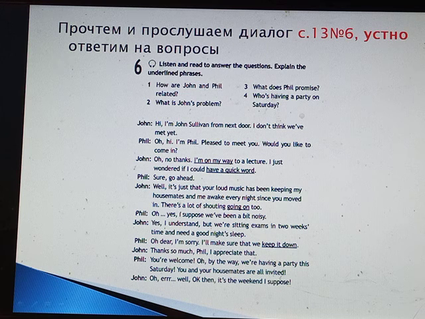He needs to study, but his neighbor is noisy. He organizes noisy parties with music and shouting. What does Phil promise? Phil promises to stop making so much noise.